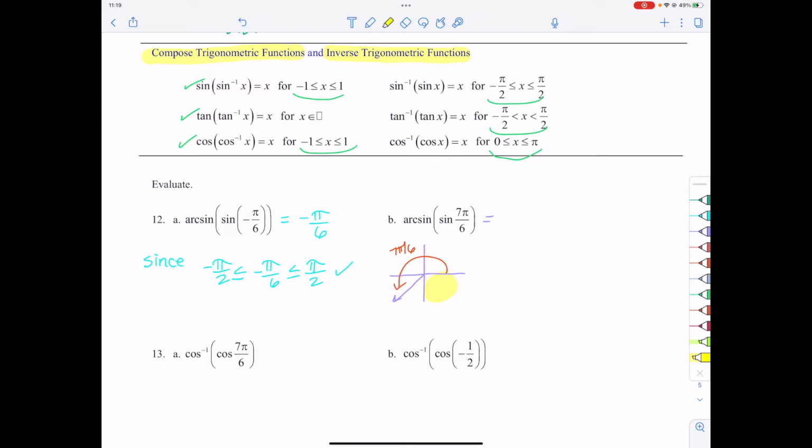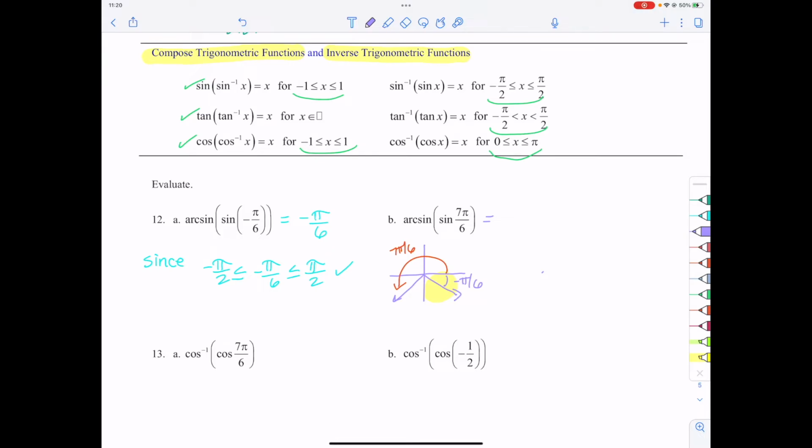But of course we know it's going to have to be here, since that sine was negative. Okay, so how do we rewrite this? We can rewrite this angle as -pi/6, because we would come up with the same value for the sine.